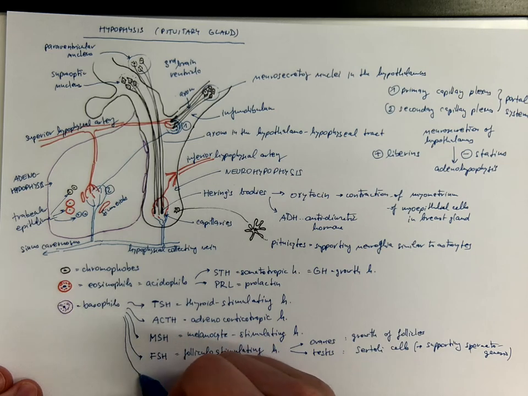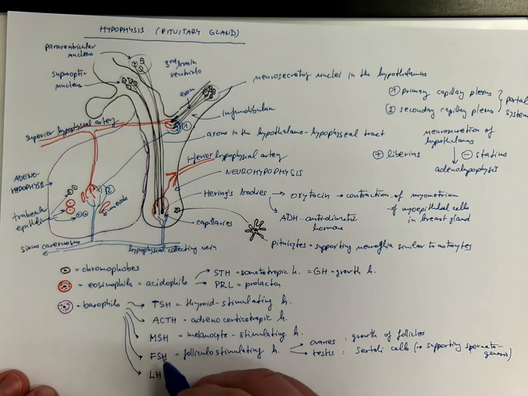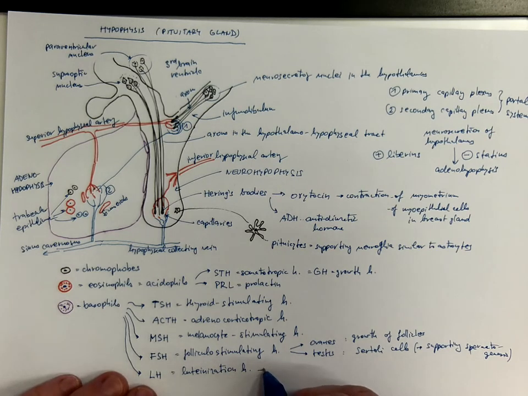And there is another hormone that affects the gonads, namely the luteinizing hormone. And again, in ovaries, it promotes the formation of the corpus luteum.